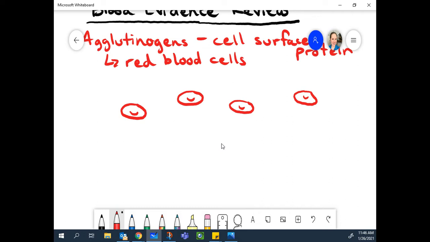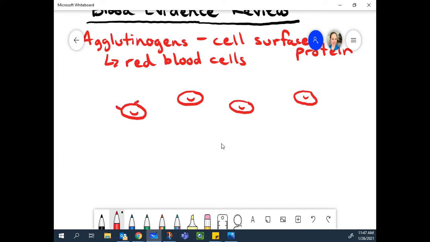So when we're looking at our red blood cells, we have these cell surface proteins, or some people don't have the cell surface proteins. We learned about 3 different proteins that we can find. We had the A proteins, B proteins, and then we added the extra step of the RH factor. In this illustration, I'm just going to do the A's and B's, and then you would add the RH if you wanted to.